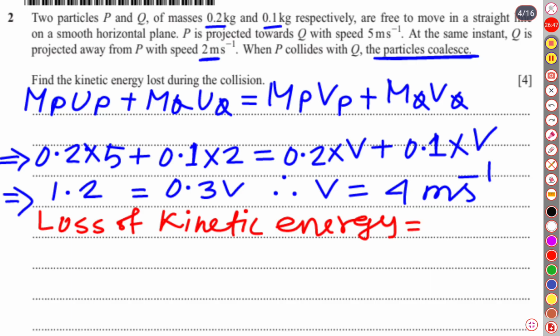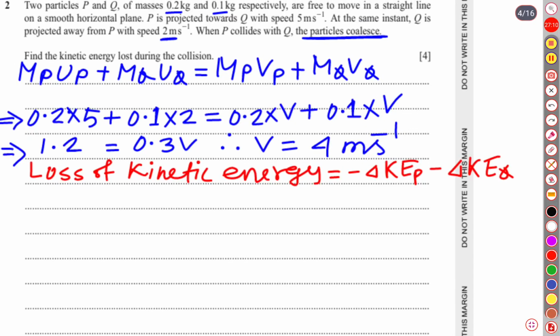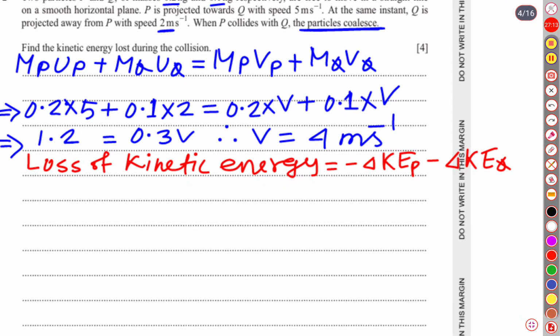Remember, whenever loss of energy occurs, we use a negative symbol. Change in kinetic energy of the first particle P, minus change in kinetic energy of particle Q, the second particle. And what is the formula for change in kinetic energy?